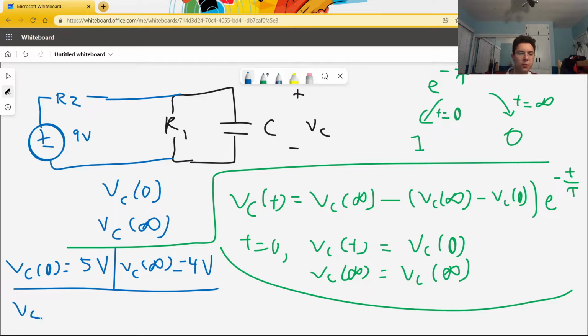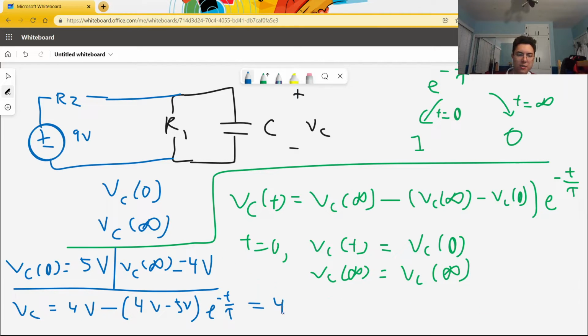Then the equation for the voltage across the capacitor would be 4 volts minus the quantity 4 volts minus 5 volts, all times e to the negative t over tau. If we distribute the negative sign, this is 4 volts plus 5 volts minus 4 volts times e to the negative t over tau. That is equal to 4 volts plus 1 volt e to the negative t over tau.